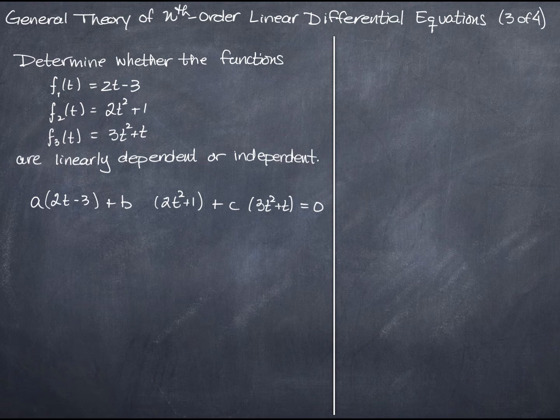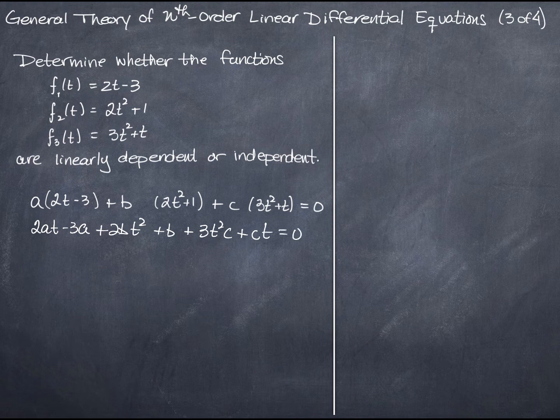So let's do the algebra. 2at minus 3a plus 2bt squared plus b plus 3t squared c plus, let's see, I'll do the c first because that's a constant. That has to equal 0.